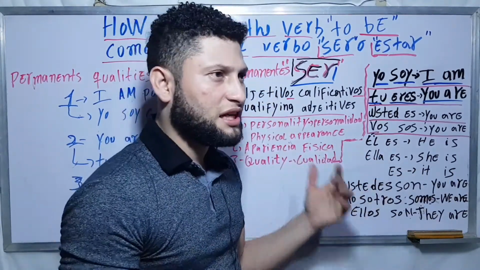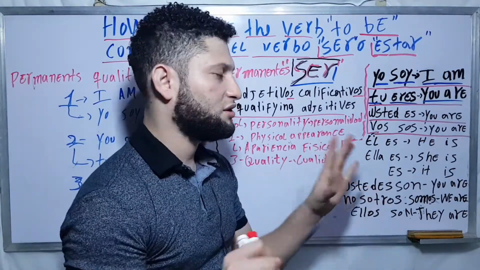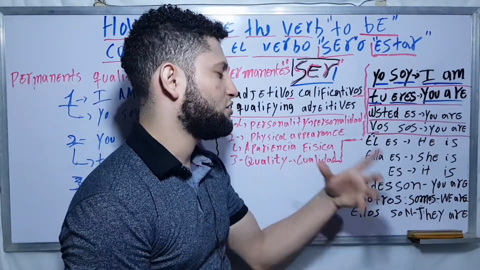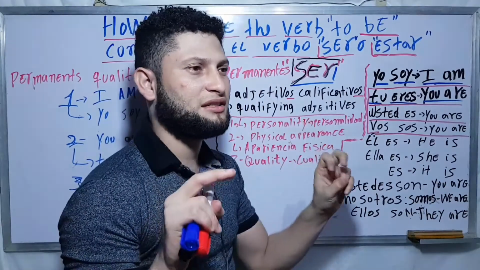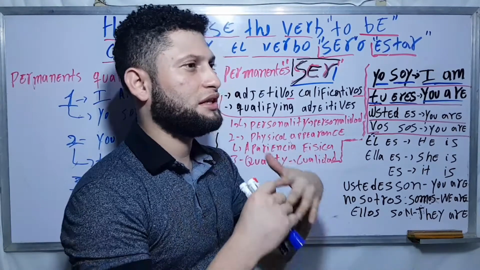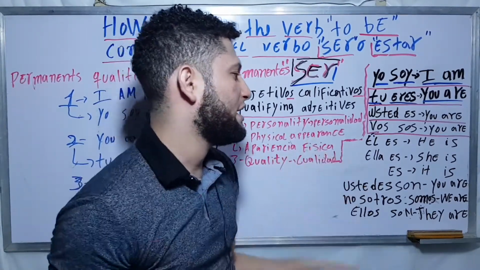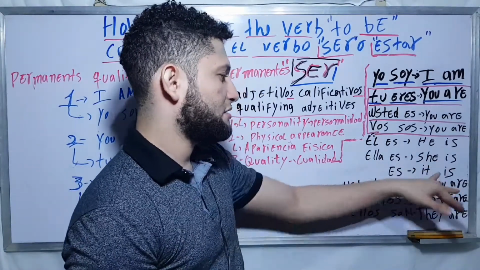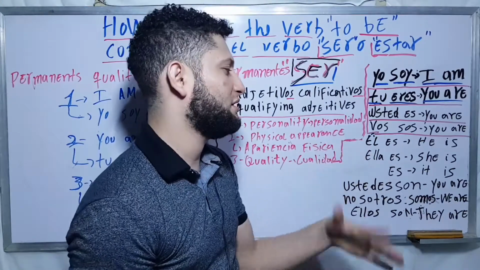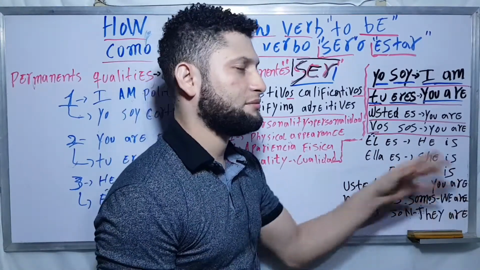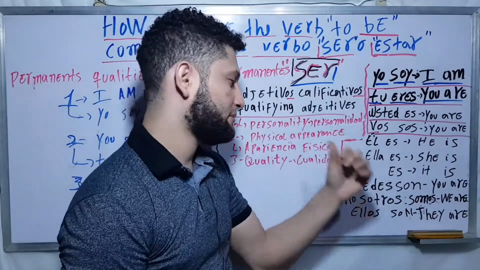Maybe in other channels some people don't like to show this one, because supposedly in Spanish it doesn't exist. Of course it exists, but in a different way that I will show you in a few minutes. But if someone asks you what the translation is for "it is," okay, it is es.